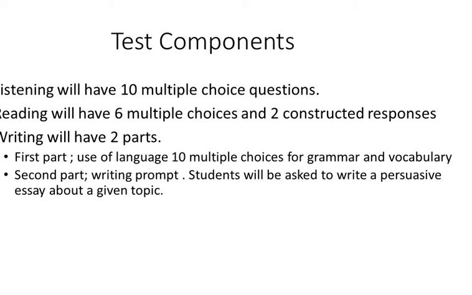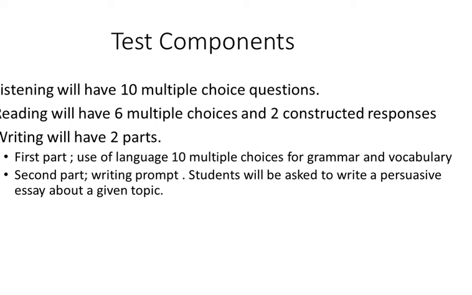And also in the 2 constructed responses, you should give some details and reasons from the text, trying to convince the teacher that you are giving an evidence from the text to fortify your answer.